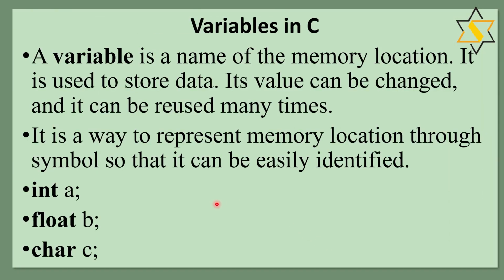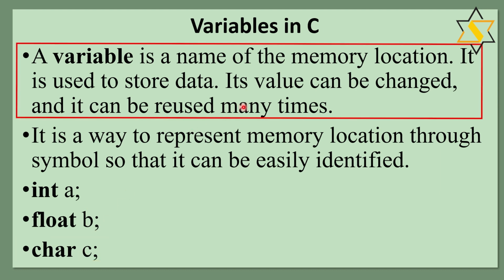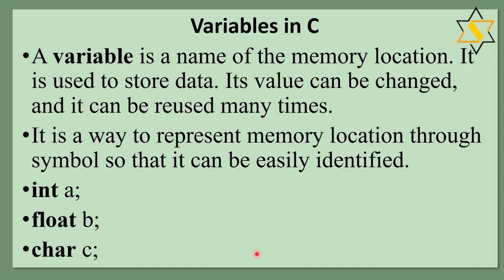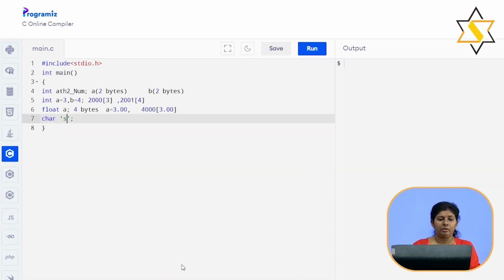While we are using any variable, it may be int, it may be float, it may be char, right? The variable is the name, and memory is allocated for that variable. Memory location is allocated for that particular variable.